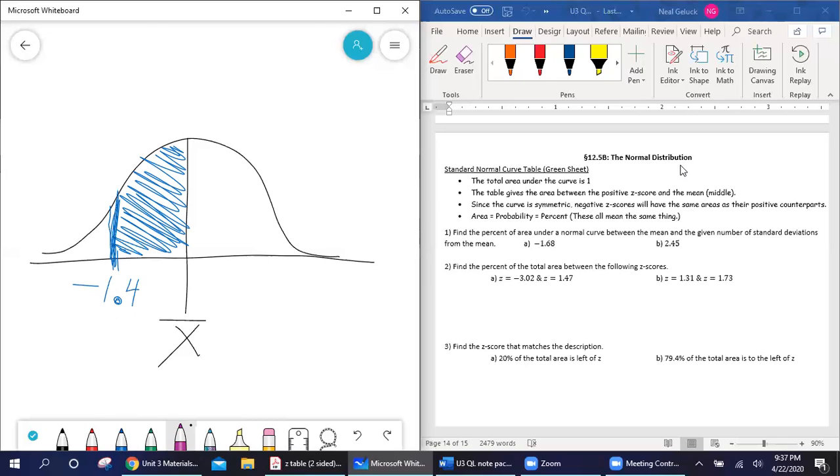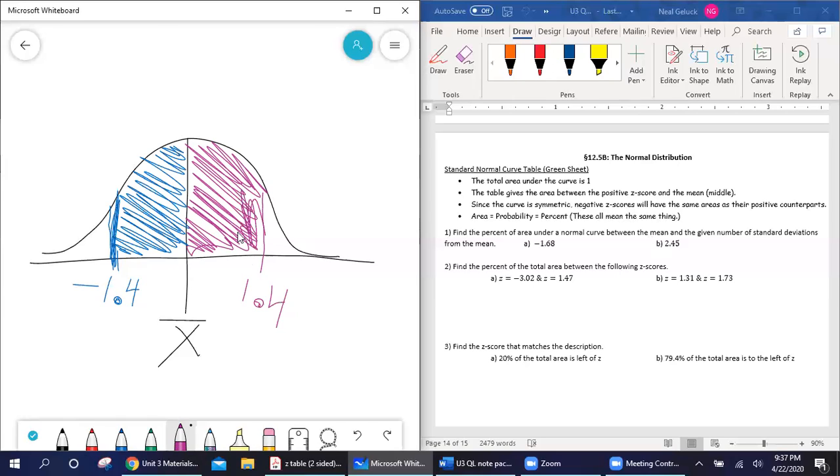I can go to the number positive 1.4, and this purple area would be exactly the same as the blue area. So basically, negative z-scores have the same areas as positives.